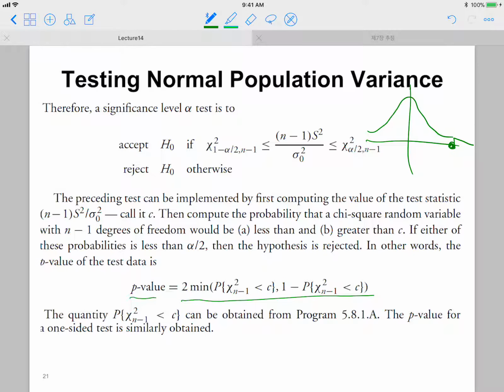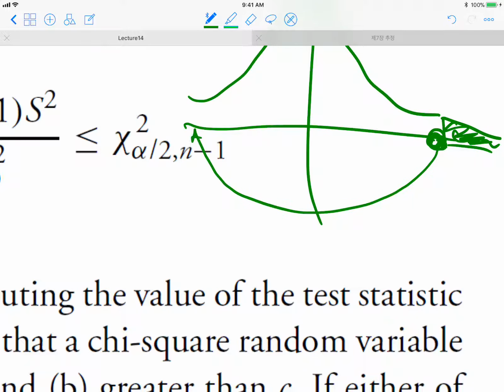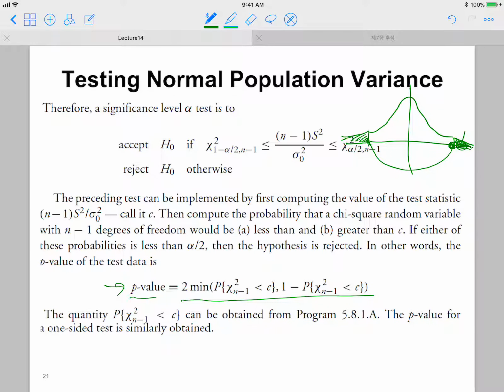In the case of a two-sided test, we compute this probability, and we also consider the other side of the probabilities as well, and then we multiply this probability by 2, right? So the p-value in this case is represented by this. And then what does that mean in this case? What does that mean?